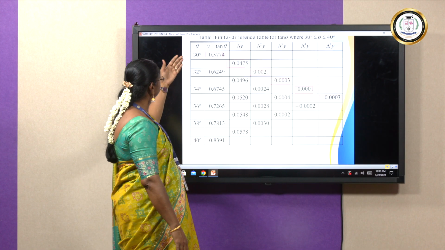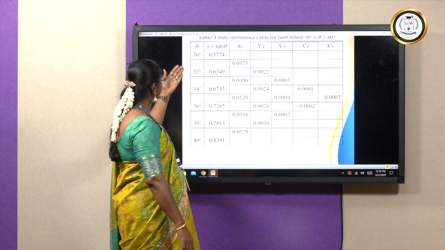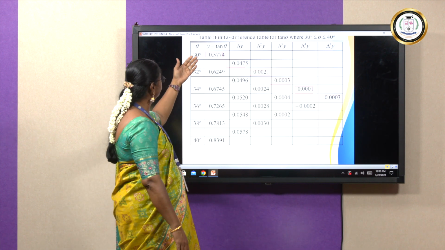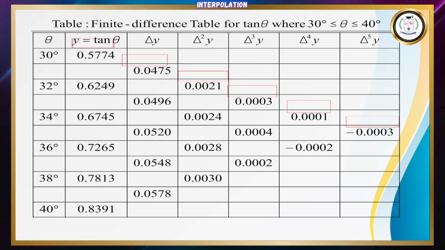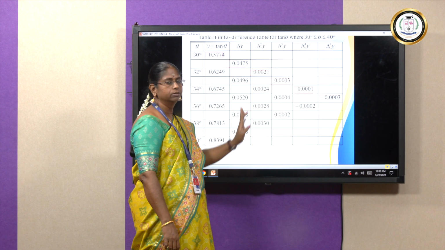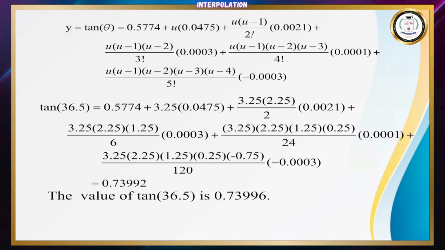The theta values are your x: 30, 32, 34, 36, 38, 40, and the corresponding y values are given, that is tan of 30, tan of 32, and so on. Then we found the first, second, third, fourth, and fifth differences, which can be used in the forward interpolation formula.